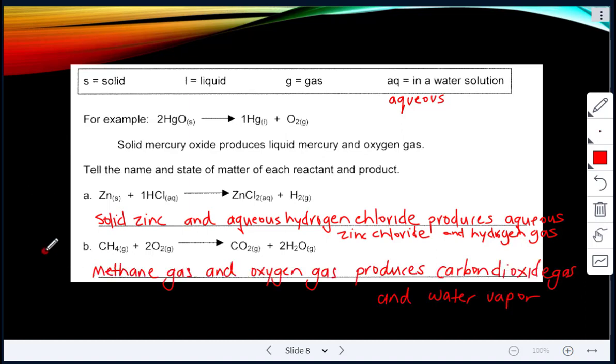All right, so for our third one, the first compound here is methane. So methane gas, you could have called it carbon tetrahydride, that would be fine as well. All right, so methane gas and oxygen gas produces carbon dioxide gas and water vapor.